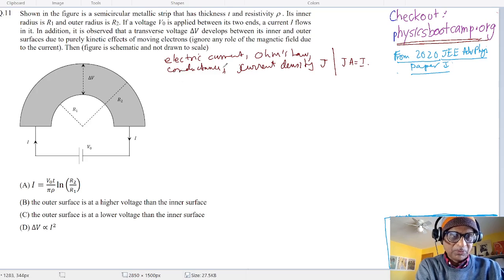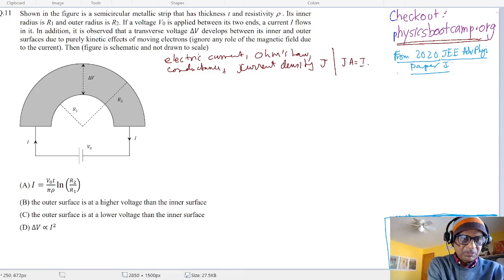And for doing the last part, you will have to make some physically reasonable assumptions. Okay, so let's do this problem.